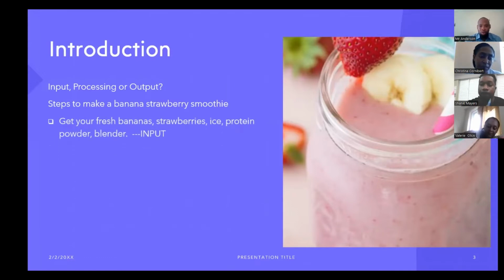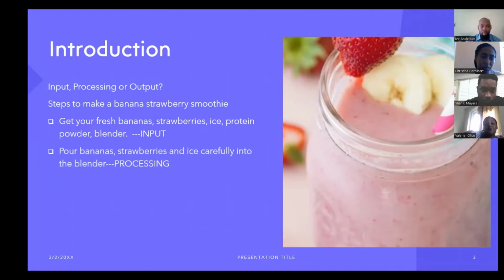The first step you would do is to get your fresh bananas, strawberries. You will need ice, protein powder, and you will need a blender. So all these will be our inputs. We're gonna need all these ingredients to arrive at our banana strawberry smoothie.